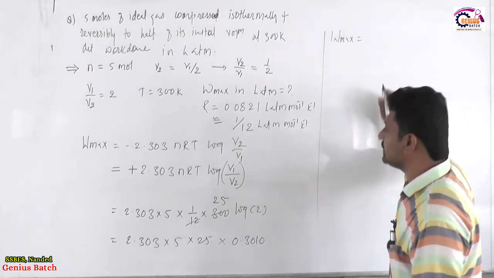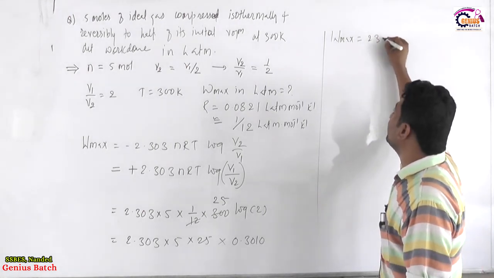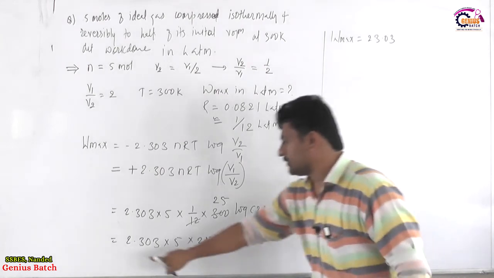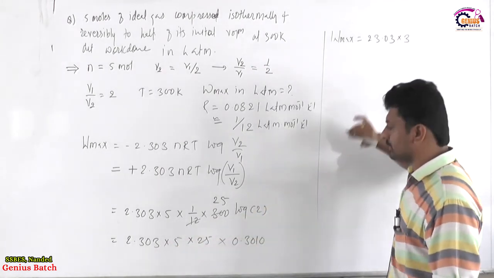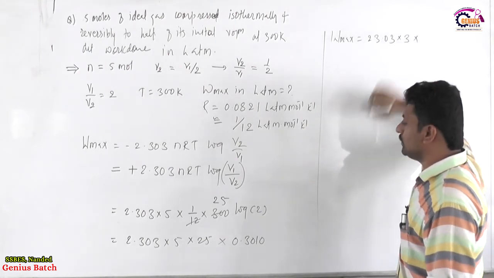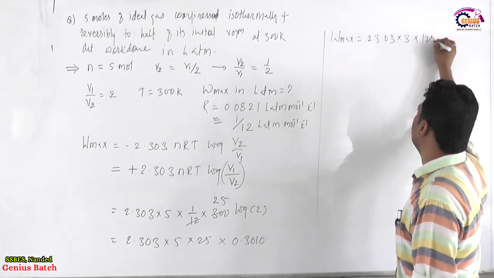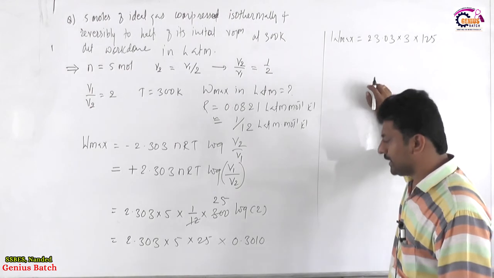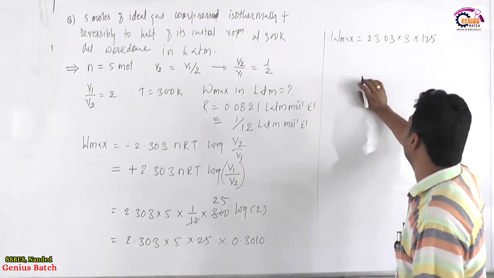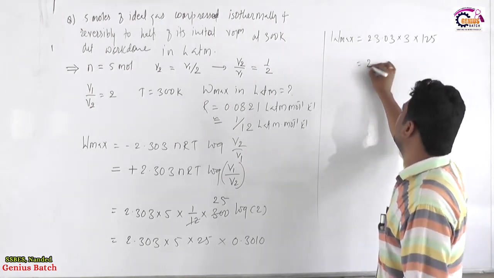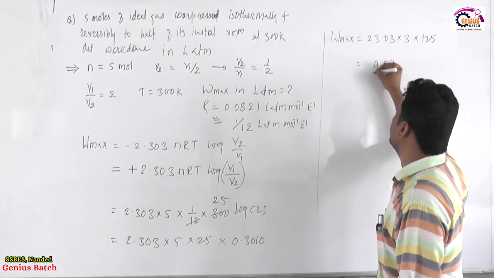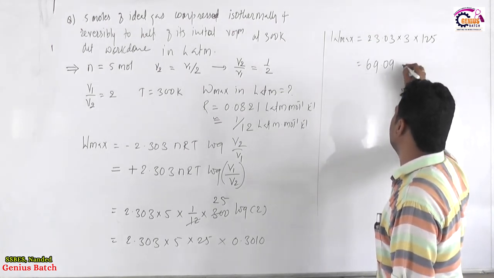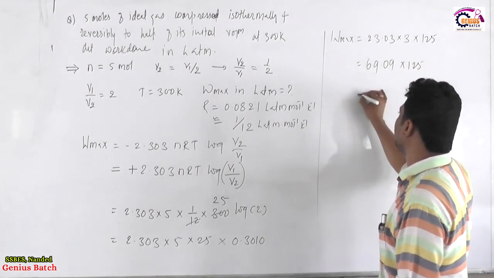To this we could change 23.03, this first term, into this 3. Let this one be into 5 into 125, sorry, 5 into 25, so it is 125. Beyond this, multiply this one. 3 3s are 9, 0, 9, 69.09 into 125 and solve this.